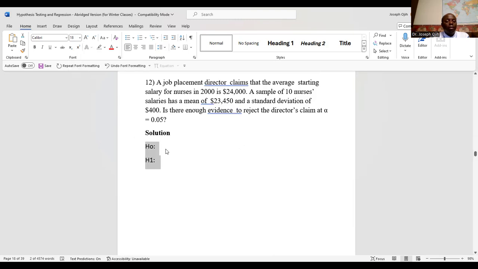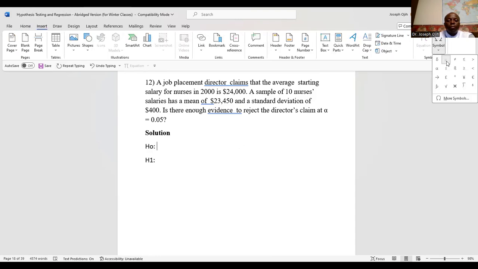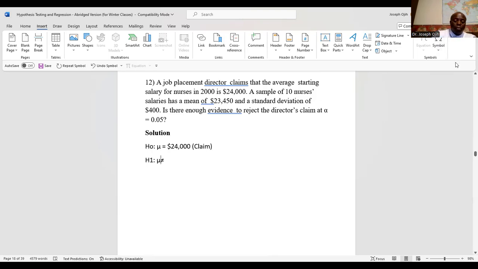So H0: mean equals $24,000, for the claim. The other one, H1: mean is not equal to 24,000.